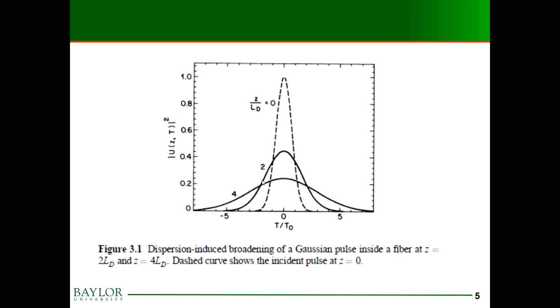But if we pass through two dispersion lengths, z over L_D is 2, meaning z is twice the dispersion length, then the pulse broadens. If it's 4, the pulse broadens further. You will reproduce this figure in your lab session.